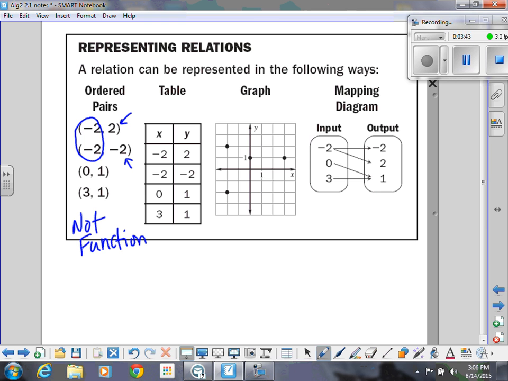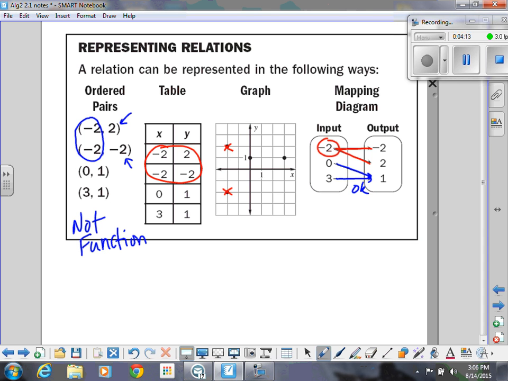And these are the same values all throughout. So you can see in the table that's happening as well. Same thing on the graph. These have two different y values. And then over here in the diagram, you can see that -2 is branching off in two separate places. Also notice in this diagram that it's okay that 0 is mapping to 1 and 3 is also matching to 1.